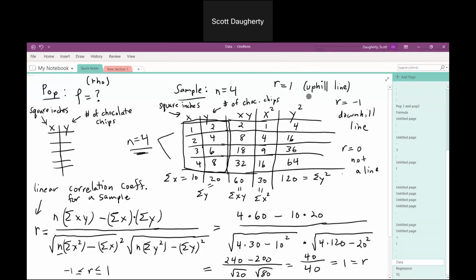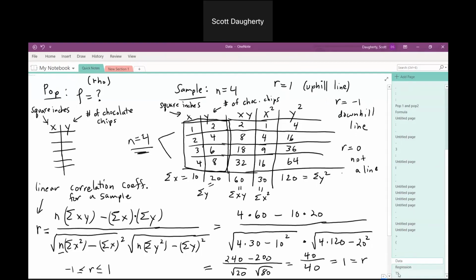So if R is 0.8 or 0.7, is that forming enough of a line to say that it's an uphill line? Likewise, it could be -0.6 or something like that, and is that close enough to -1 to say that it's a downhill line? And so we actually have a formal hypothesis test to see whether we have a linear correlation between the two variables, X and Y.